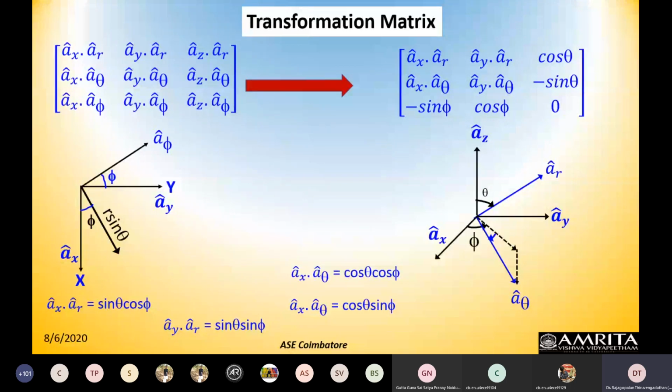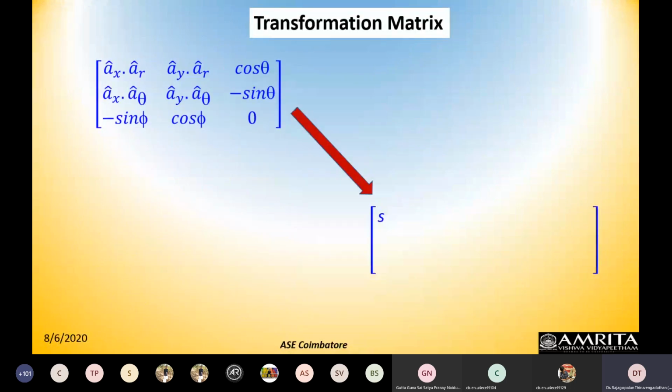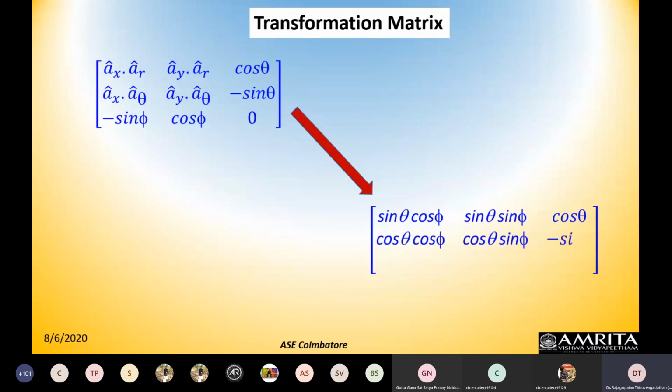I want you to take a few seconds and look at this figure and make sure you are able to get all the relationships. Now all the relationships have been worked out, so we will fill up this matrix like this: sin theta cos phi, sin theta sin phi, cos theta cos phi, cos theta sin phi, minus sin theta, minus sin phi, cos phi, 0.